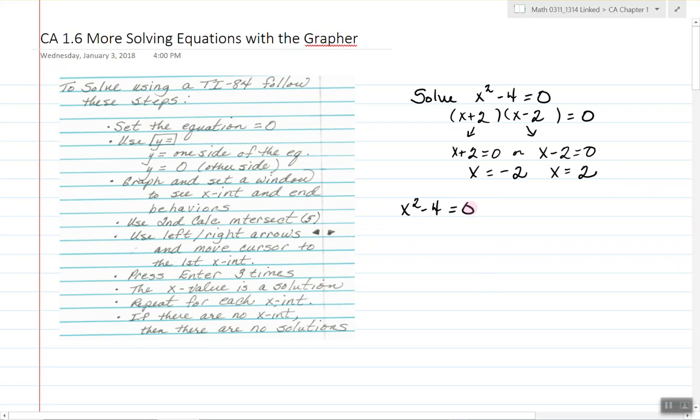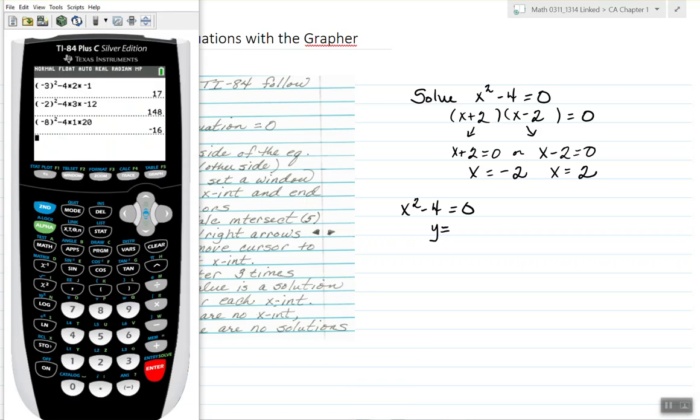Go to your calculator and you're going to use the y equals button. Let me pull the calculator up. The y equals button is right here, and I just touched it and it has turned red. This particular model has colors, but you don't have to have those colors at all.